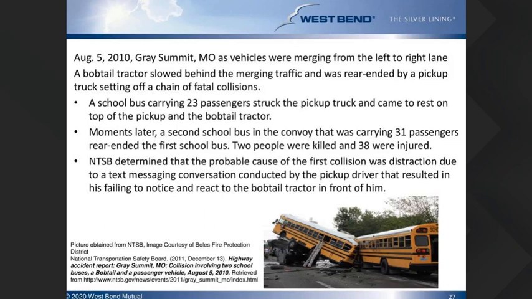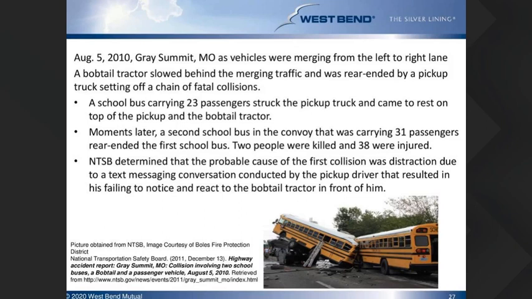As vehicles were merging from the left to right lane, a bobtail tractor slowed behind the merging traffic and was rear-ended by a pickup truck, setting off a chain of fatal collisions. A school bus carrying 23 passengers struck the pickup truck and came to rest on top of the pickup and the bobtail tractor that had struck earlier. Moments later, a second school bus in the convoy that was carrying 31 passengers rear-ended the school bus. 2 people were killed, 38 were injured, most of those being children.